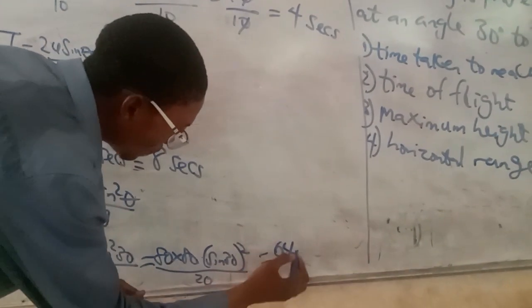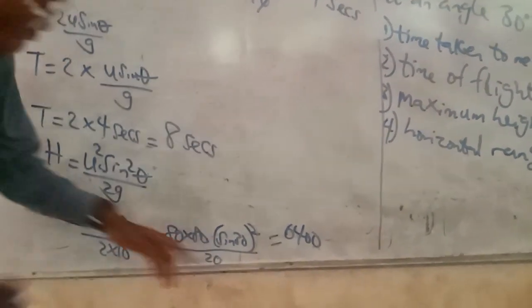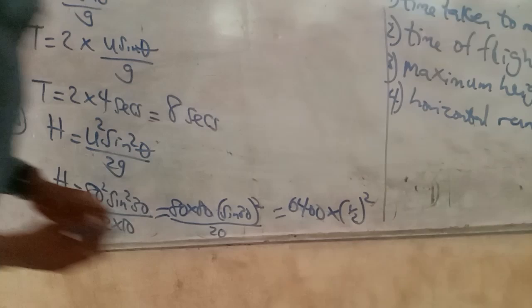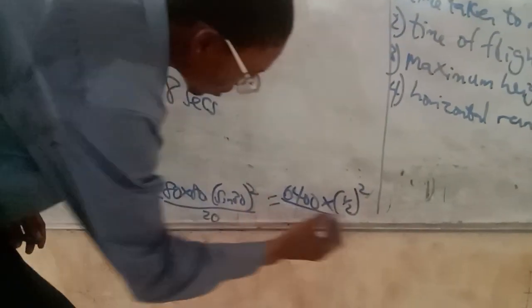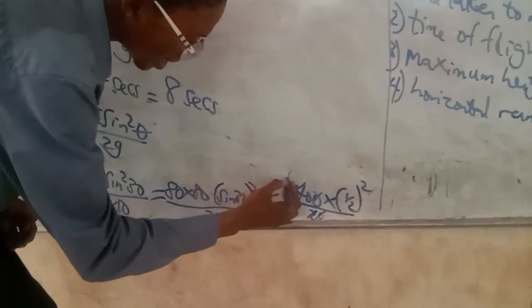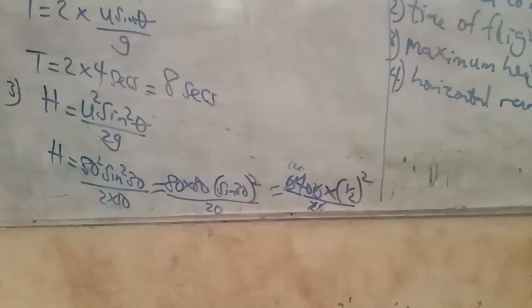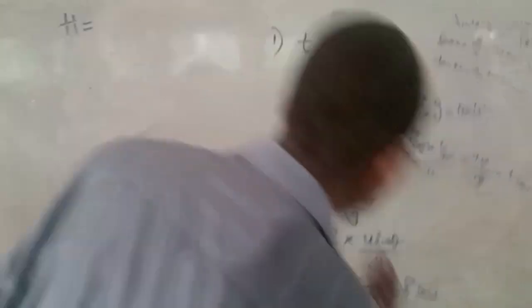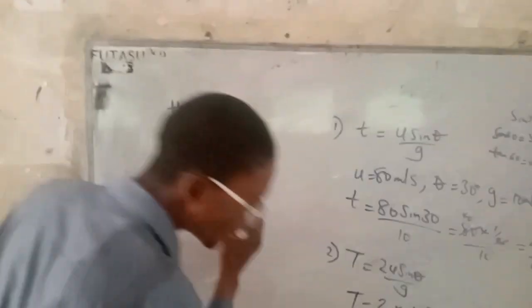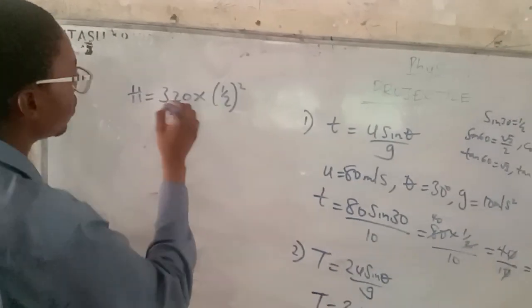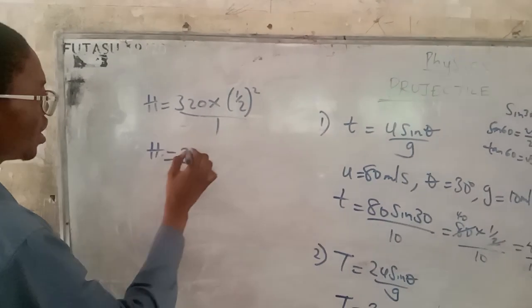Then let's continue. We are going to have 80 times 80, that is 6,400. And sine 30, I've written it here. So that is 1 over 2 squared, and over 20. Now we cancel 0 with 0. Now 2 in 64, that is 32. So h equals 320 times 1 over 2 squared, then over 1.